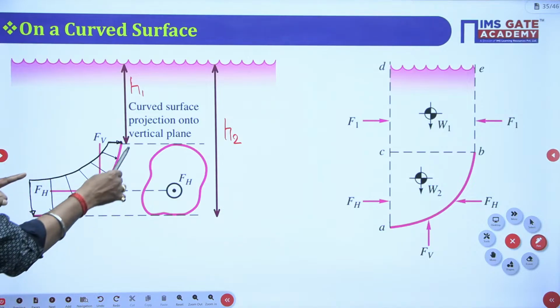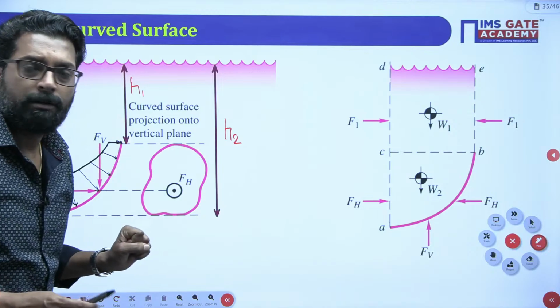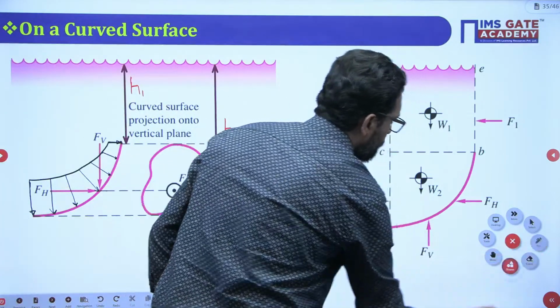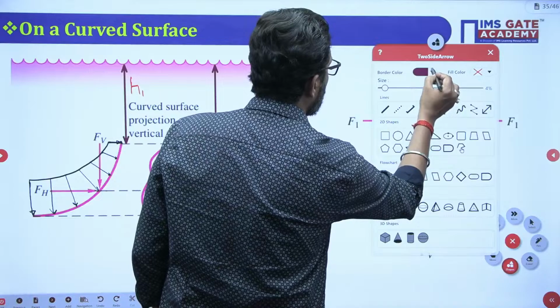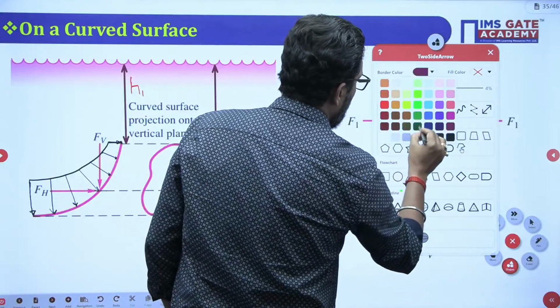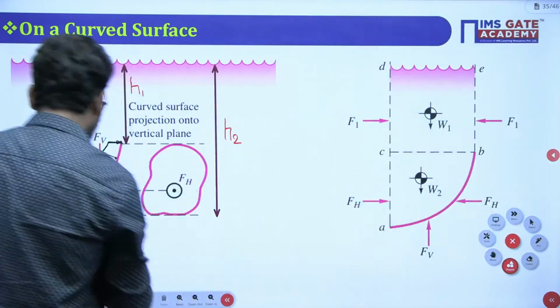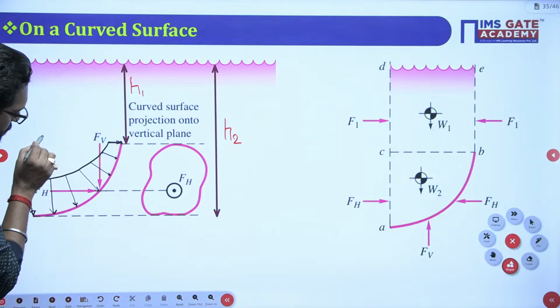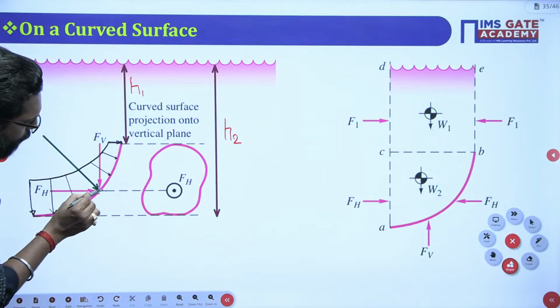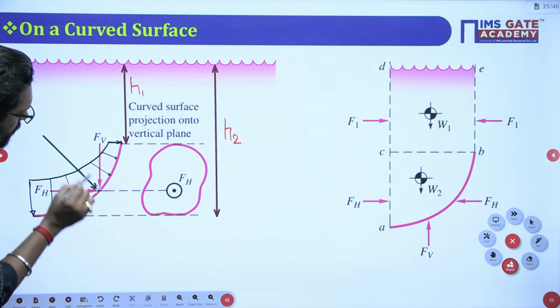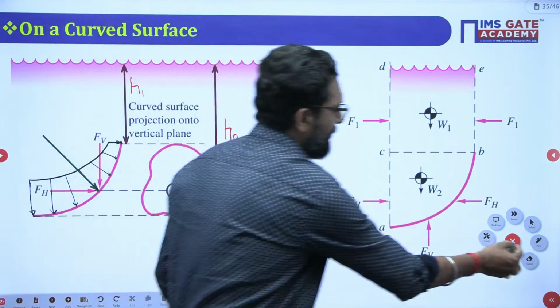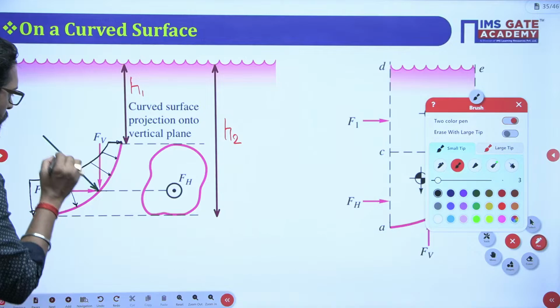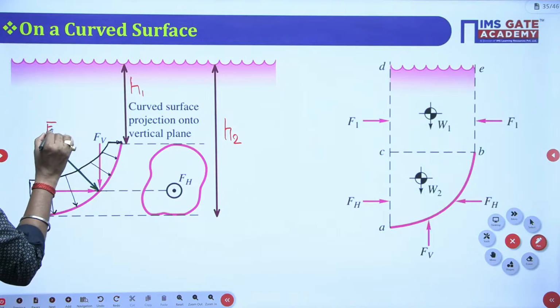So there must be a resultant force that will act. Let's suppose there is a resultant force acting at any point. Let's suppose this is your resultant hydrostatic force Fr.